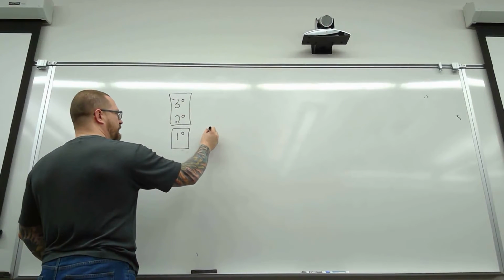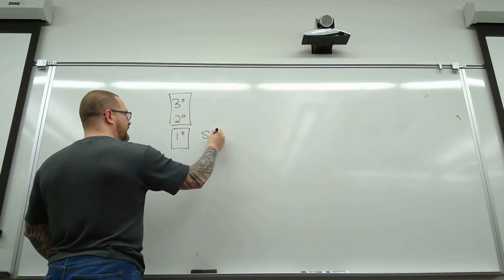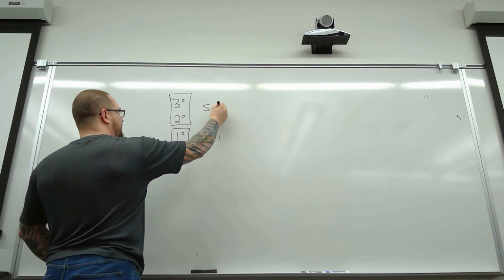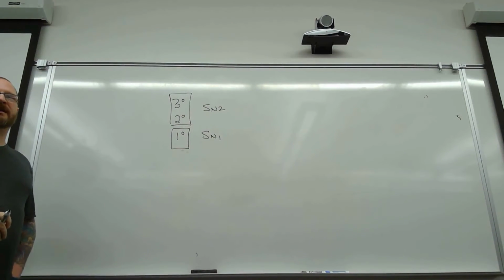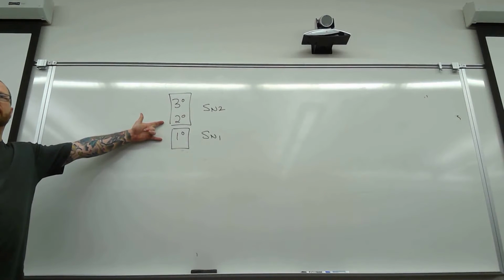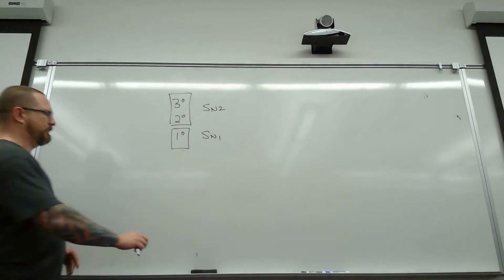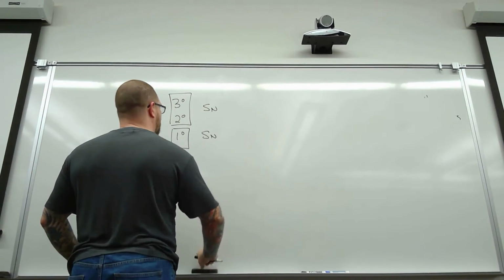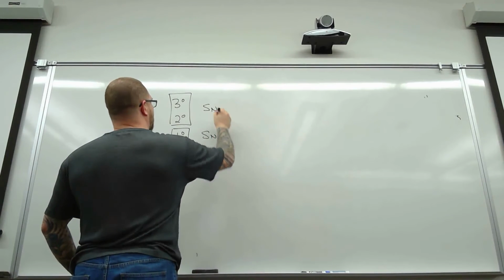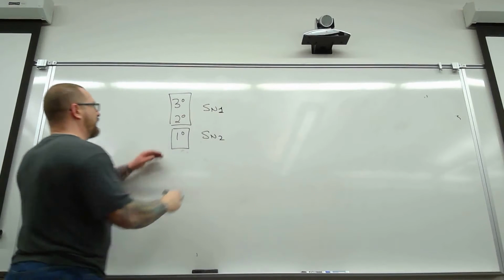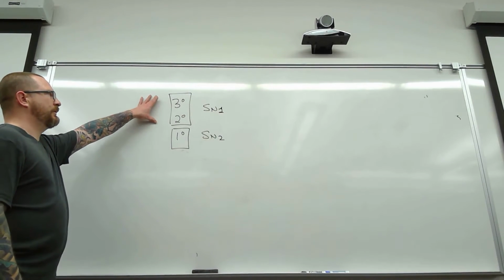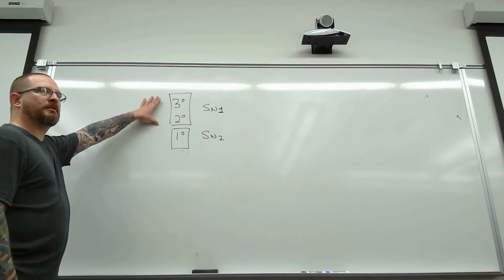Did I say primary is SN1 only and these two are SN2 only, or did I have this? One and 2 were SN2, 3 was SN1. You're backwards. Oh, thank goodness. There we go. So I had 1 and 2 as SN2, and these two as SN1. Okay, that's what I said.